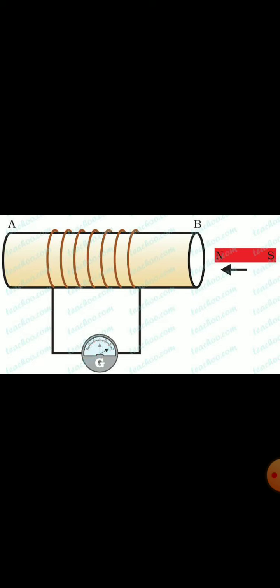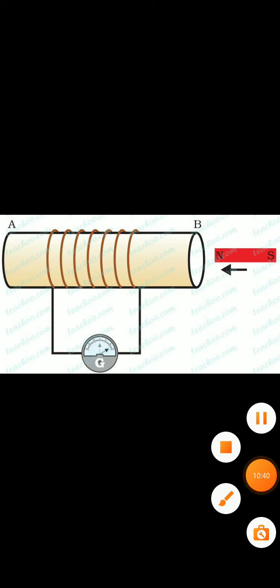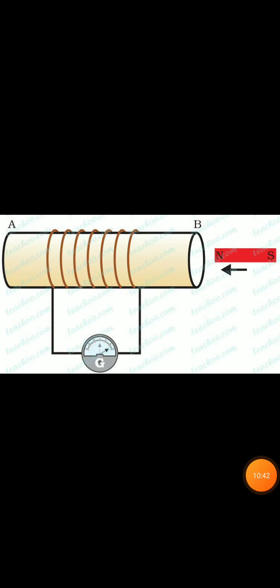Similarly, the needle moves towards the left when the coil is moved away. Another situation: if you keep the coil stationary with respect to the magnet, the deflection of the galvanometer becomes zero.